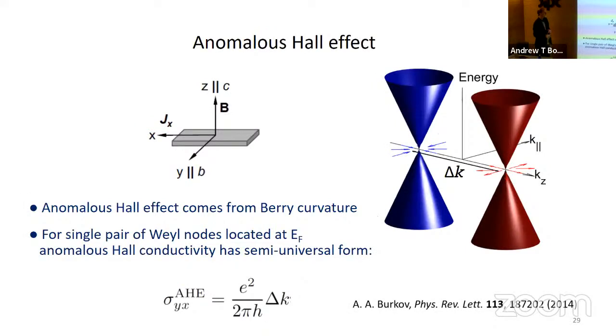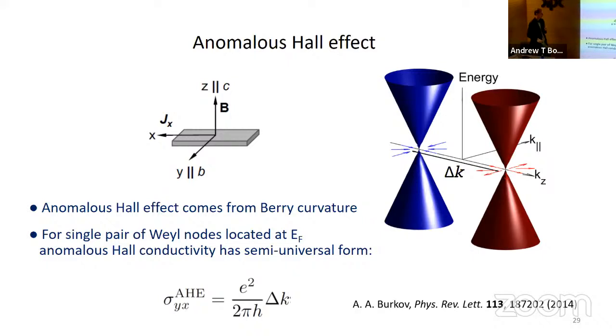We also made measurements of the anomalous Hall effect, and as I mentioned before, in this simple case where you just have a pair of Weyl nodes, there's a theoretical prediction from some years ago now that this anomalous Hall conductivity should have what's known as a semi-universal form.